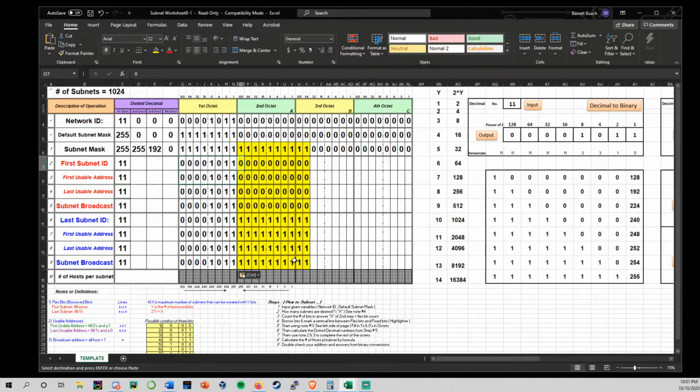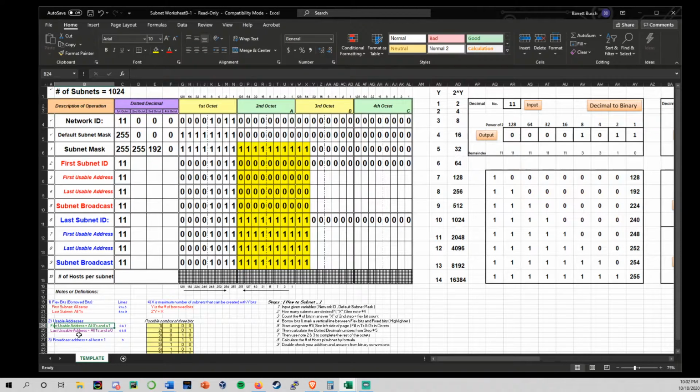And we do have some more information we could fill out, but I'm going to go ahead and finish the host bit portion here. So remember, the first subnet ID and the last subnet ID, we add all zeros. I'll go ahead and do it down here as well. For the first usable address, this is all zeros followed by 1. And remember, you could reference this down here. And this section here, remember, this is where you can get the information on how to do the zeros and ones in this subnet portion as well.